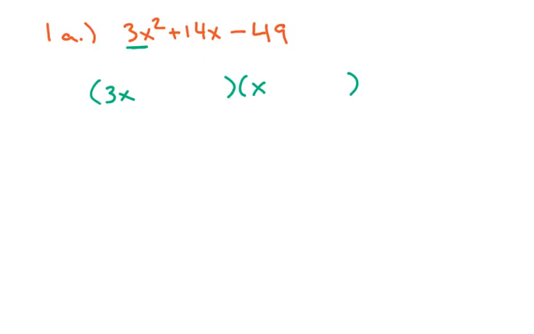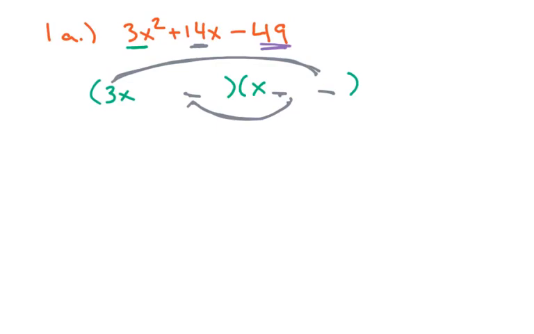And we go to the back and we say what times what is 49. Now, there's a lot of different choices. Well, not a lot. There's only two choices. It's either 1 and 49 or 7 and 7. The goal is that the product of these two, whatever's going to live here and here and here and here, have to add or subtract to 14.